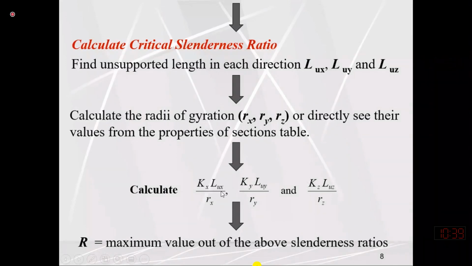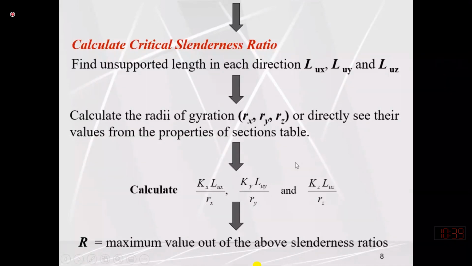So the slenderness ratio about x-axis may be computed by this expression. We need the effective length factor about x-axis. We are supposed to use the unbraced length about x-axis, and similarly the radius of gyration about x-axis, and the same we have to use about y-axis.